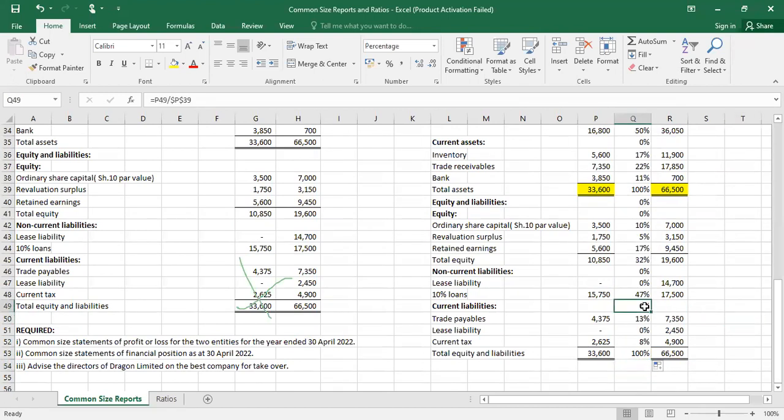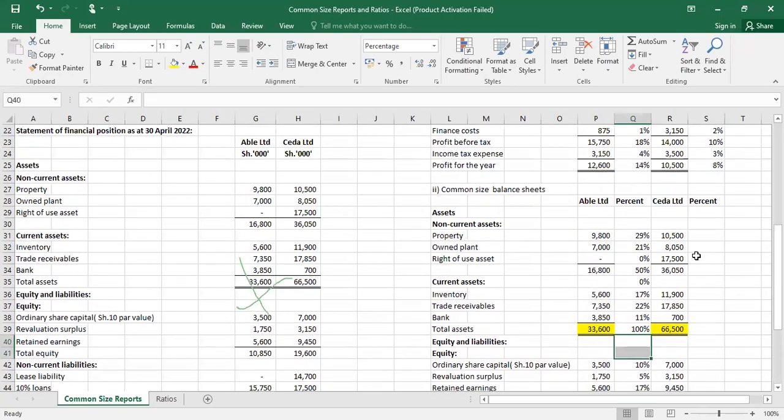So that I'll just do away with what should not be part. Don't compute percentages for those items which are not part.